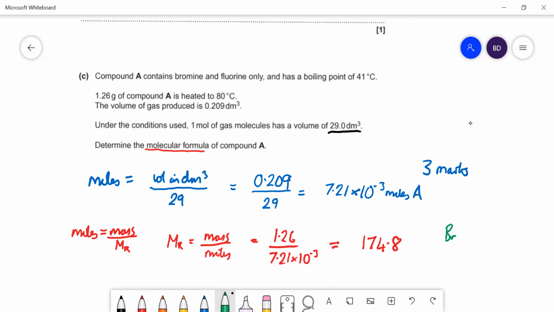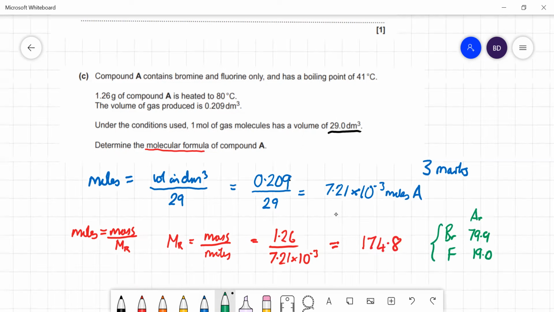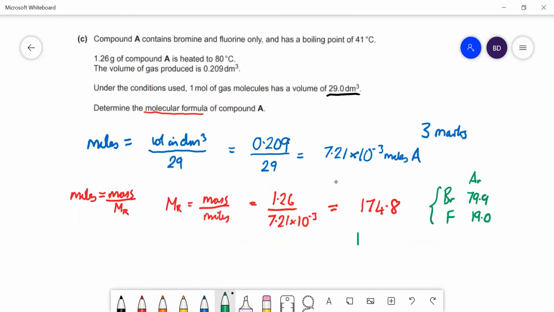Now that is the Mr of the gas, and it's only got bromine and fluorine in it. Bromine has got an Ar of 79.9, and fluorine has got an Ar of 19.0. Now we've got to somehow add those up together to get 174.8. Well, if you mess about with it, I think you'll find that the only thing that works is BrF5.